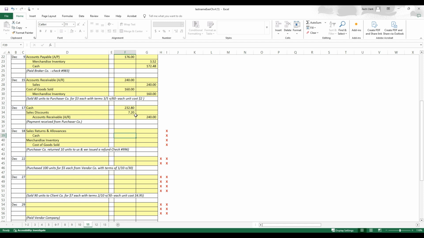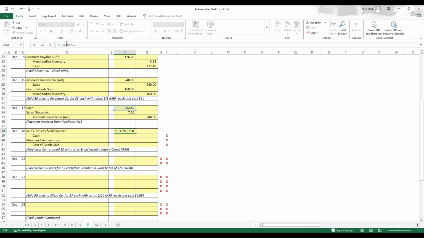So they only paid us $232.80 for the total for these goods. So the effective actual sales revenue related to this was $232.80. Let's do a formula: $232.80, and that was for 80 units, and we're going to multiply that by 10 to get $29.10.